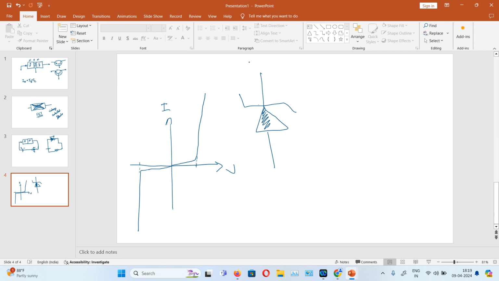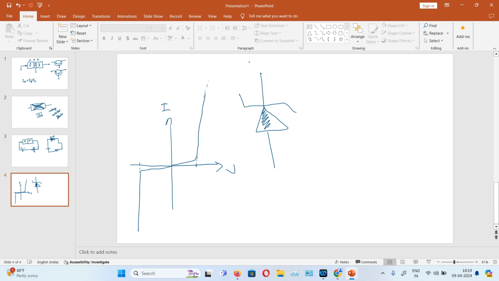Why is it important? You can see that in the case of forward biasing, as the voltage increases, the current also increases, but with some slope. So there is a finite resistance, some forward resistance associated with the diode.